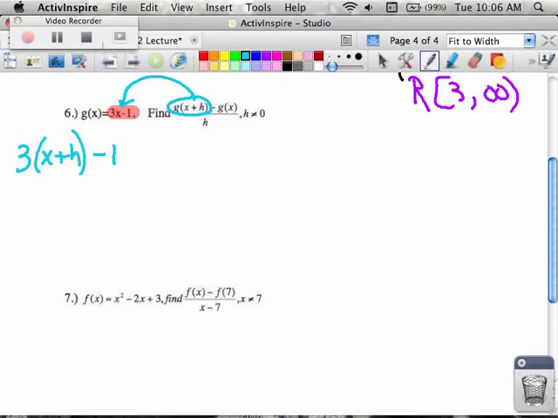All of this stuff is the red highlight with x plus h shoved in. 3 times something minus 1. Oh look, there's another instruction on the top.